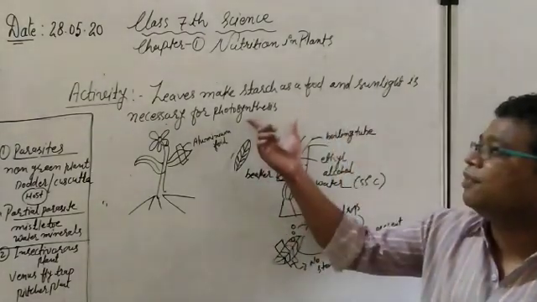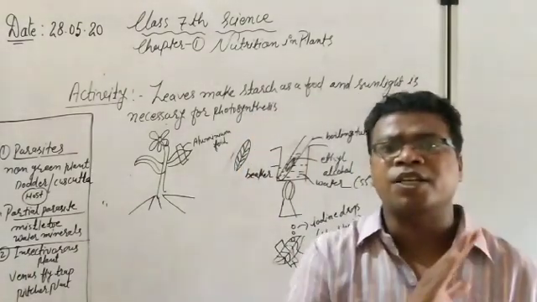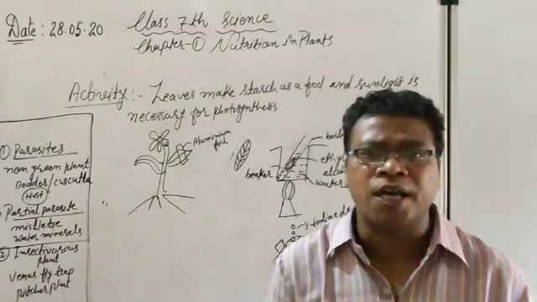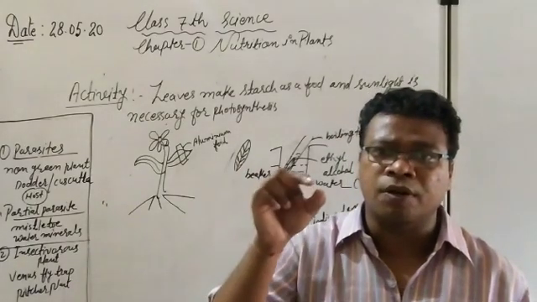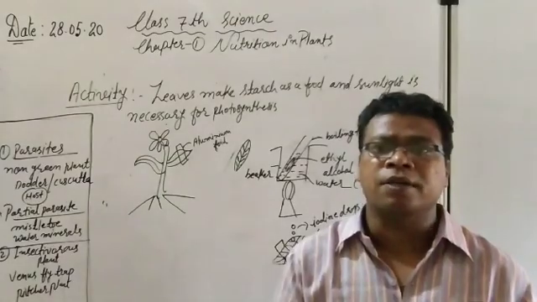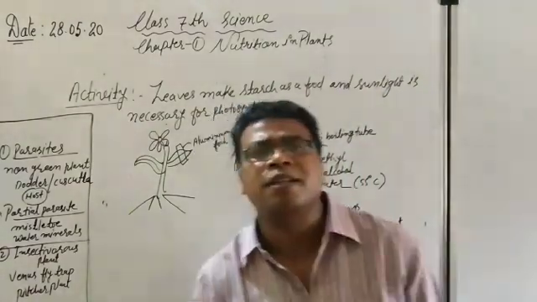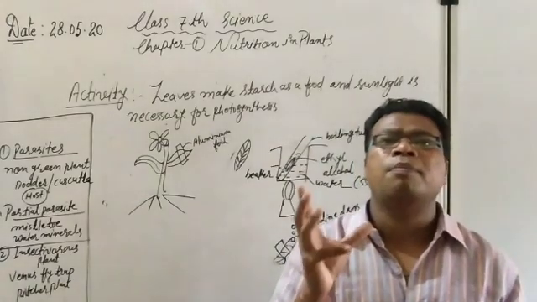So this particular activity is satisfied by this experiment, that sunlight is necessary for the preparation of the starch, and when we put the iodine solution, the blue-black color shows the presence of the starch, and that we have already done in our earlier classes with the potato.